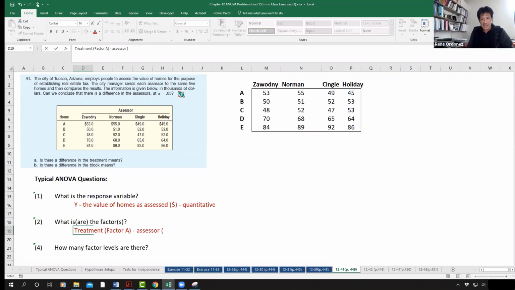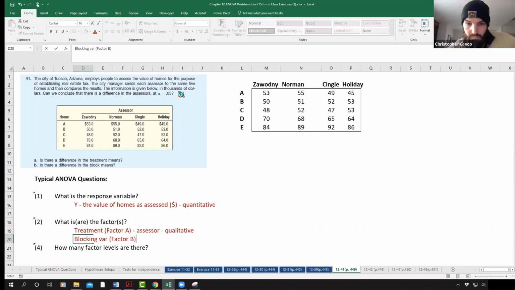And this is qualitative, right? And then for the blocking variable, factor B, the home, which is also qualitative.